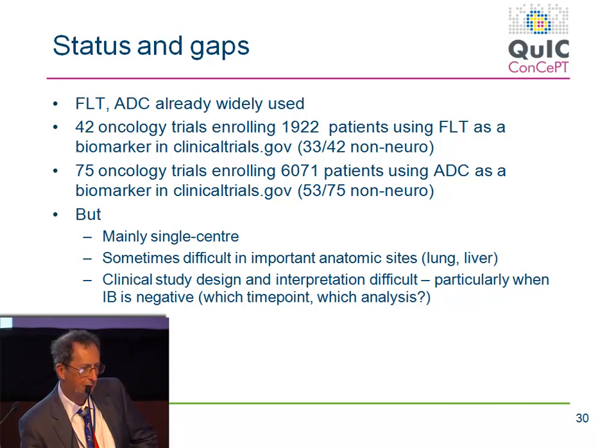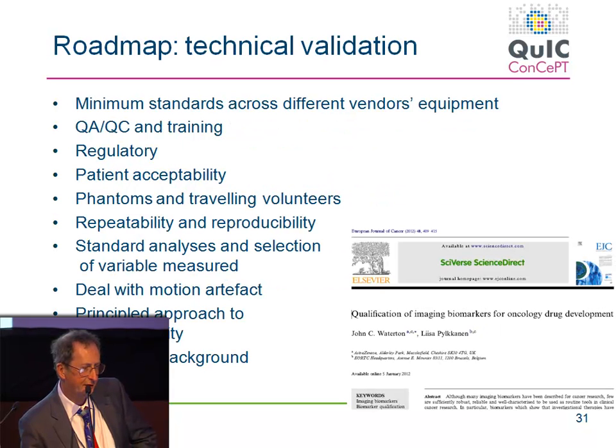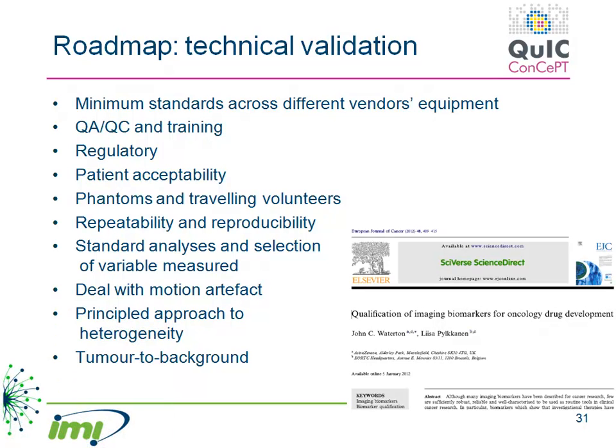So what's our roadmap? The technical validation. In our world, there's a lot of work to standardize across the multiple vendors. Remember, the vendors sell their machines in the way that car salesmen sell their cars, on the basis that they're all different. So standardization is not a popular activity. QA, QC, training.